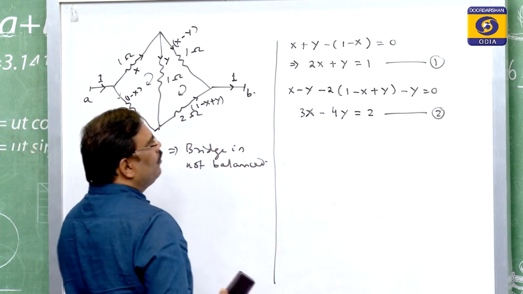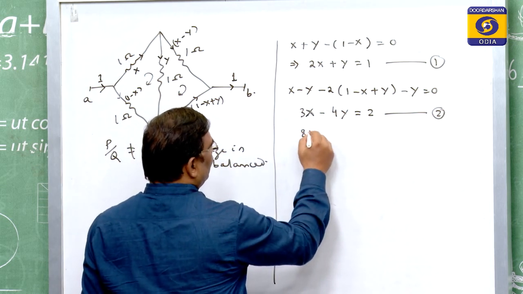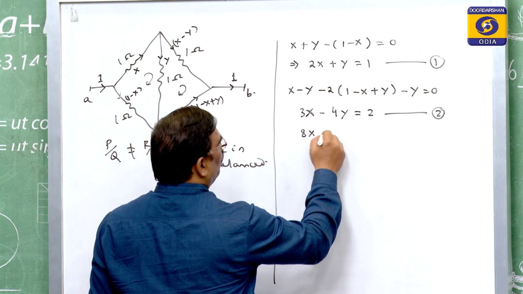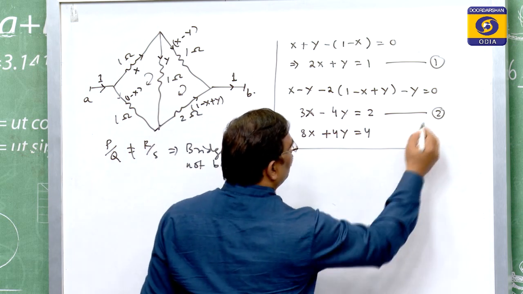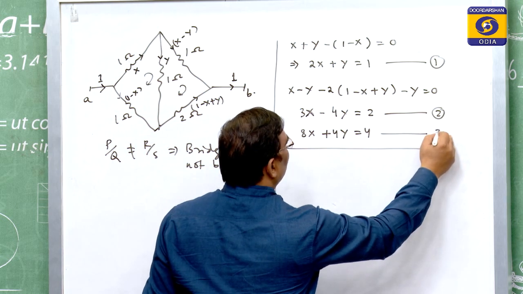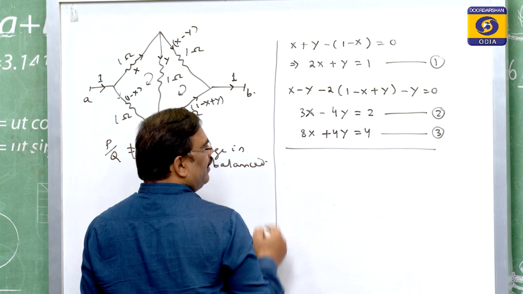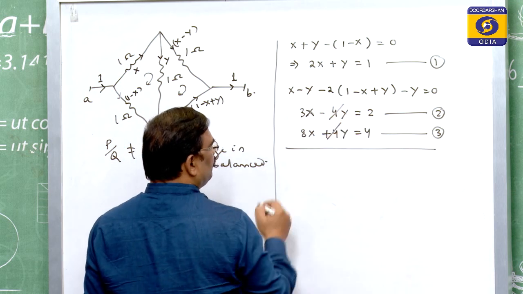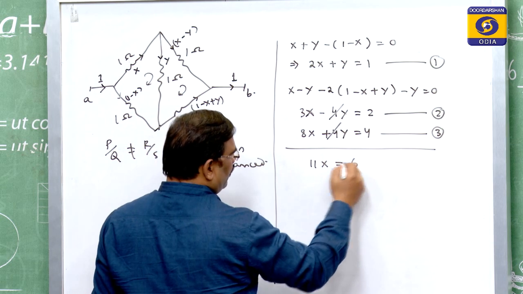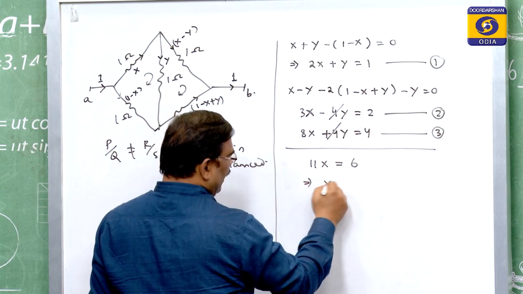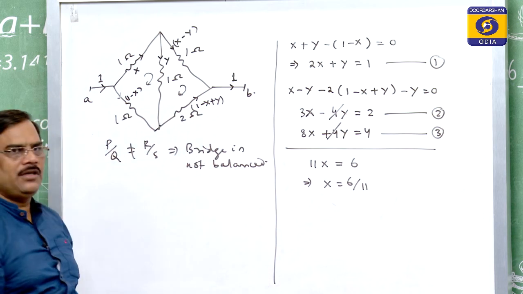Now, multiplying equation 1 by 4, you will get 8X plus 4Y equals 4. This is my equation number 3. Now, adding 2 and 3, you will get 11X equals 6, or X equals 6 by 11.